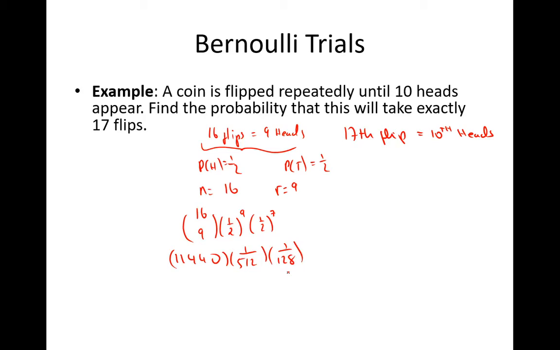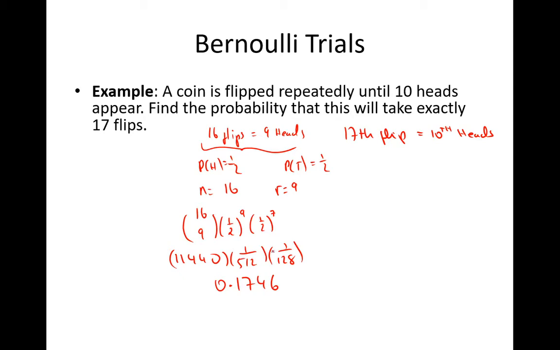And when I multiply those, 512, and multiply that by 11,440, we get an answer, in decimal form, of 0.17456, just to round it off to 4 decimal places.